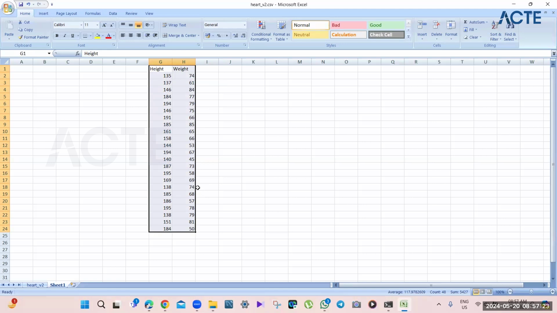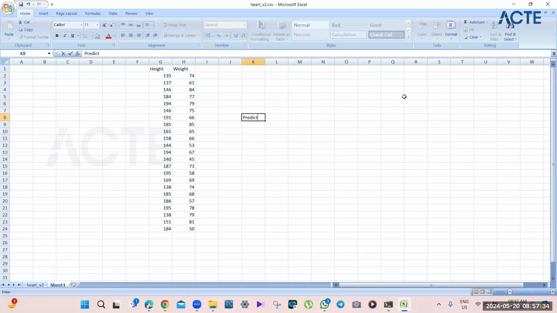So weight is the variable that I want to predict, based on height.